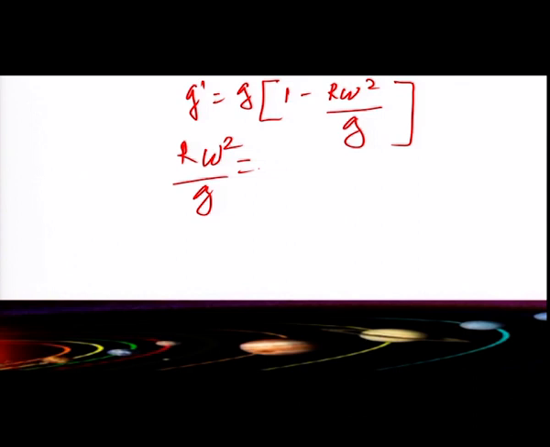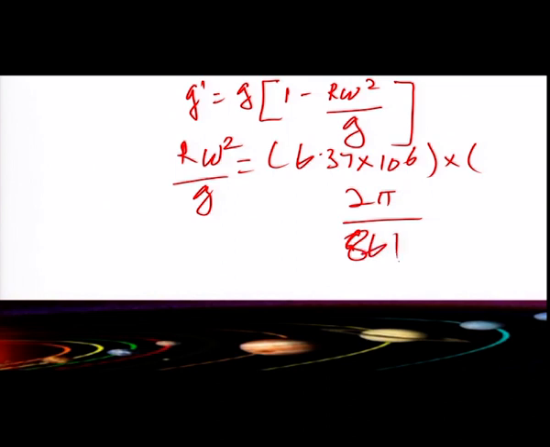So, r omega squared by g: the radius of the earth is 6.37 into 10 power 6, multiplied by omega squared. So, omega is 2 pi divided by 86164, and g is 9.8.